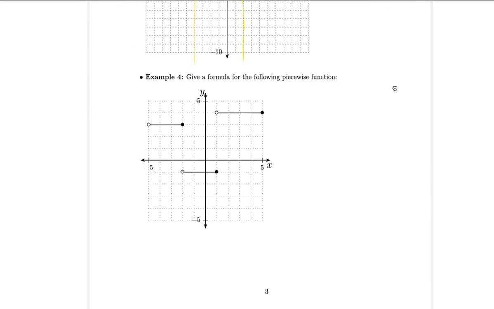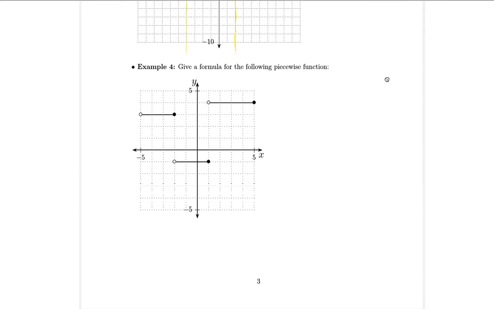Now there will be times where you'll be asked to give a formula for a piecewise function. All right, so in this case, there are 3 different parts to this graph. So as I make the formula for it, I know I'm going to have 3 different sections here.